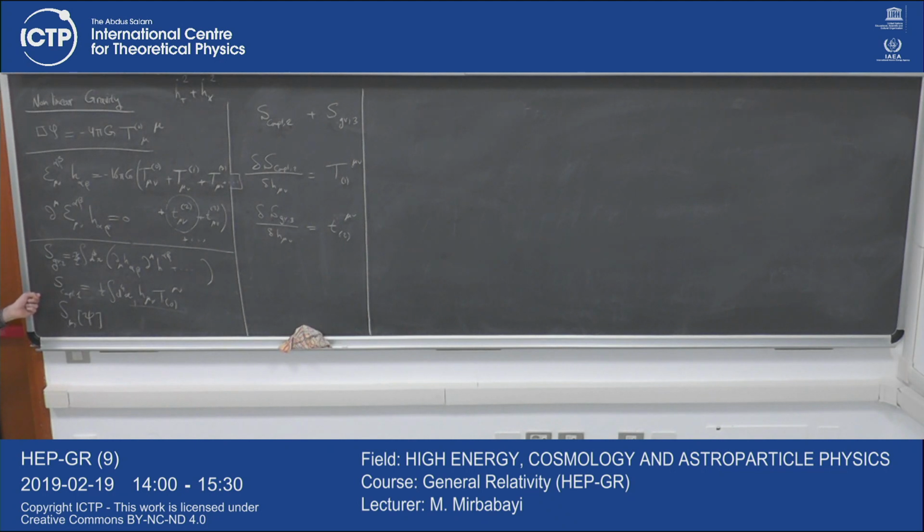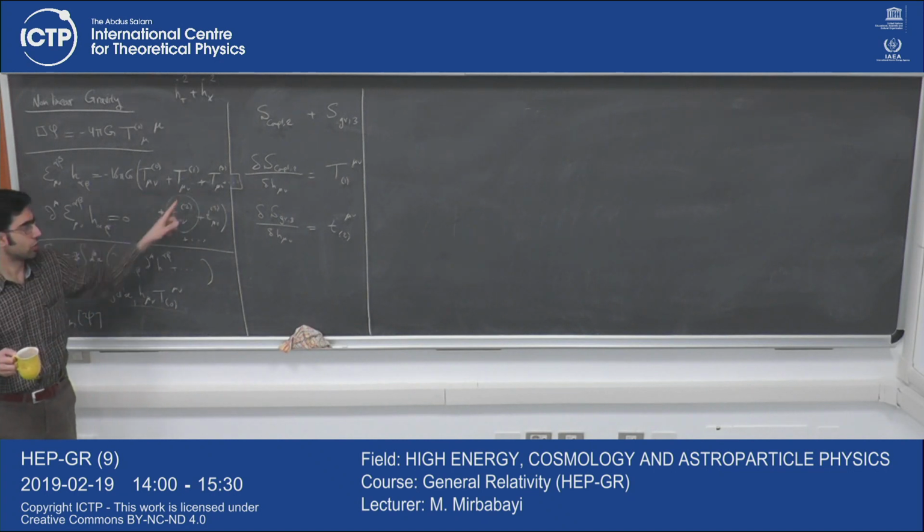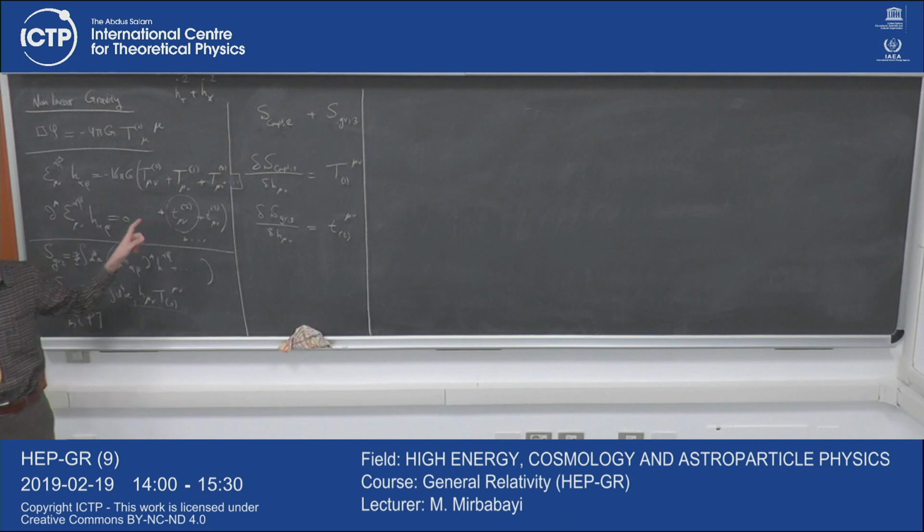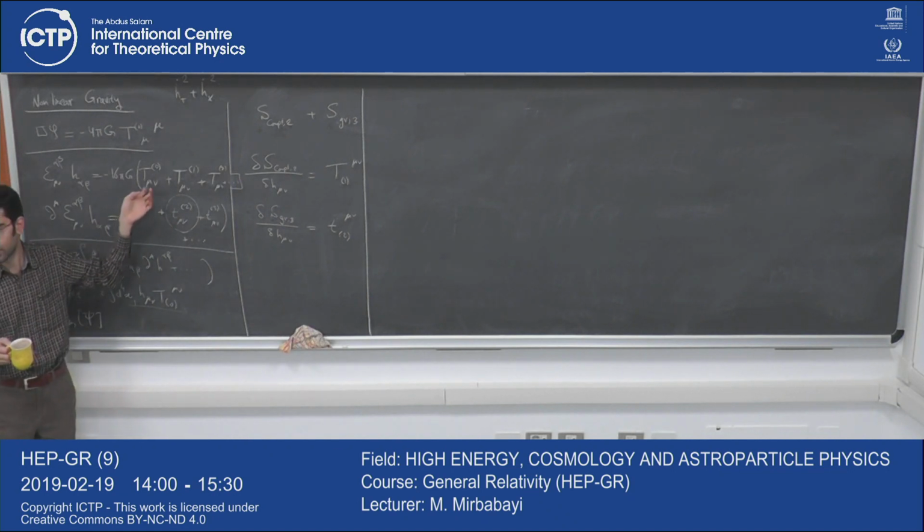At the moment these are just names that I'm giving. These terms correspond to the energy momentum tensor that you derive from various terms in the action, so you can call them differently, it doesn't really matter.